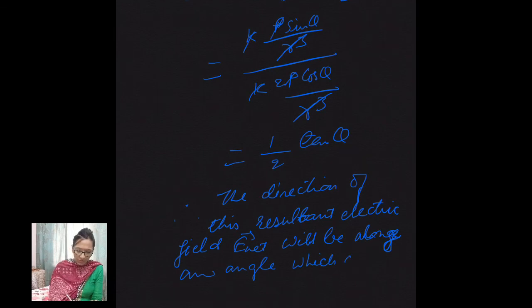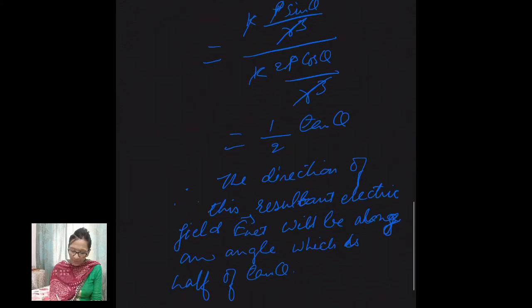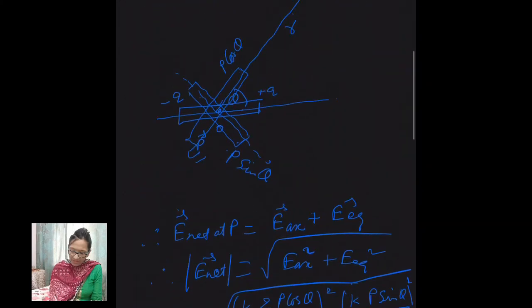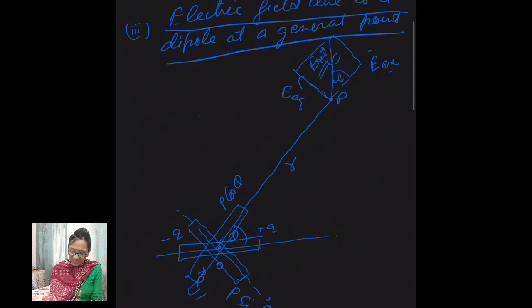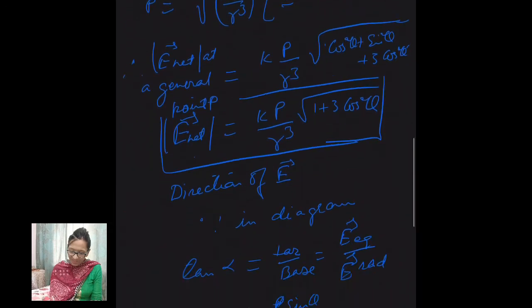Therefore electric field net, magnitude of it at a general point P, is equal to K P upon R cube into root under cos square theta plus sin square theta plus 3 cos square theta.